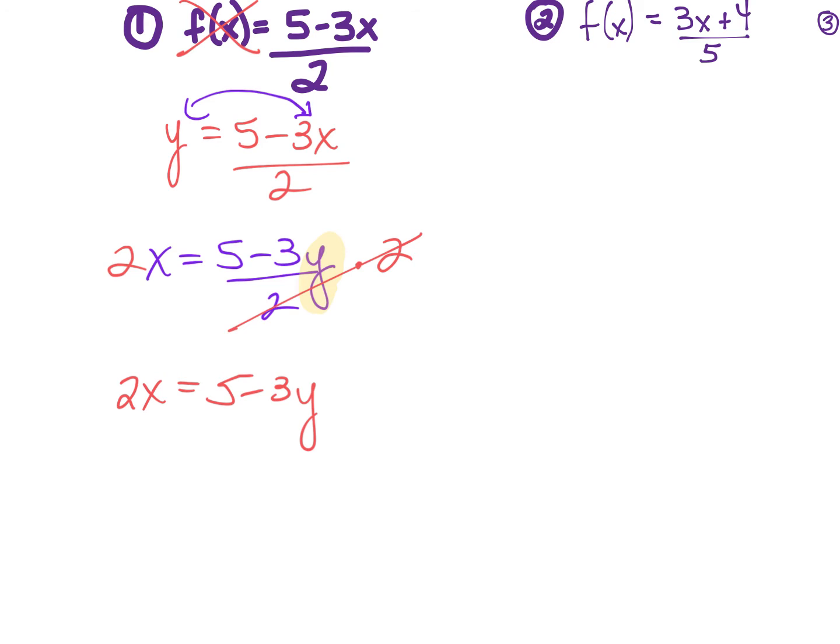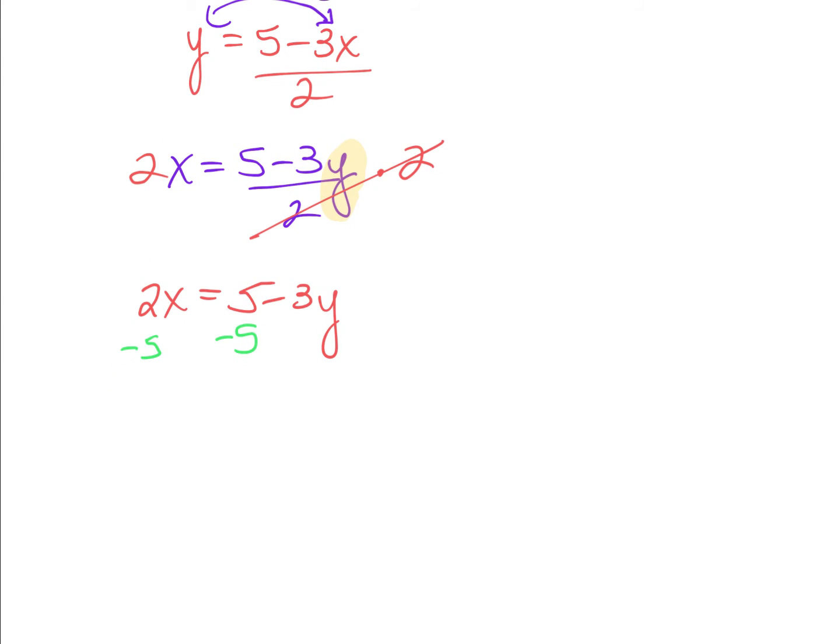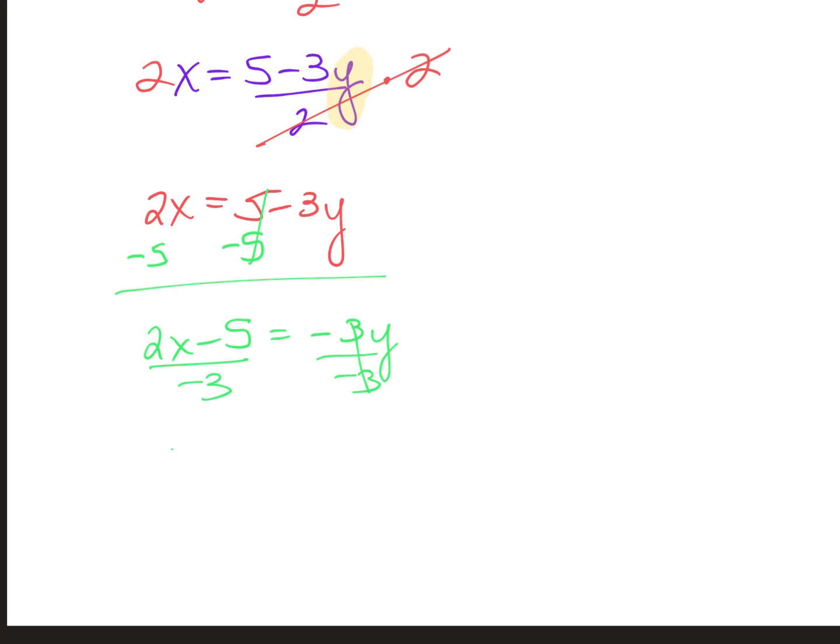Subtract 5 from both sides. Good. So I have 2x minus 5 equals negative 3y. Now what? Divide both sides by negative 3. So I have y equals (2x minus 5) divided by negative 3.